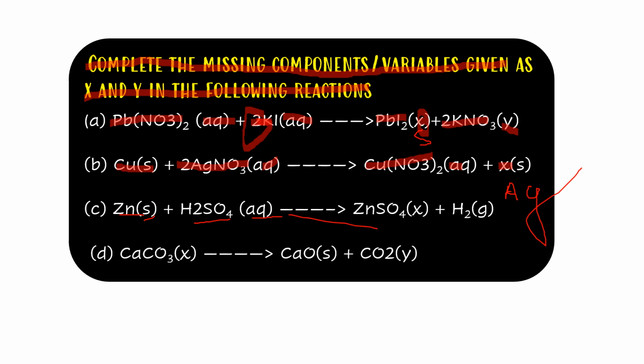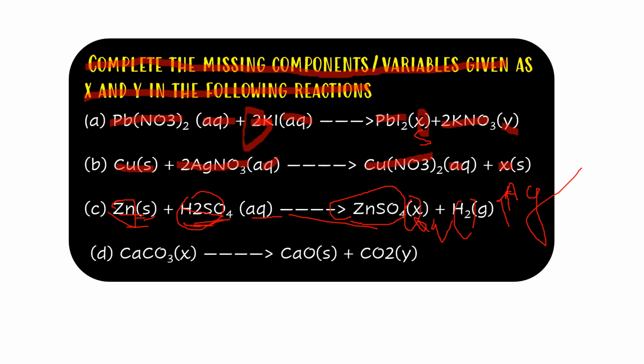This reaction is between a metal, that is Zn, and an acid, that is sulfuric acid, H2SO4. It forms ZnSO4. So what would be the state of ZnSO4 over here? It is in aqueous form. When solid is dissolved in aqueous solution, it forms a new aqueous solution and hydrogen gas is released.